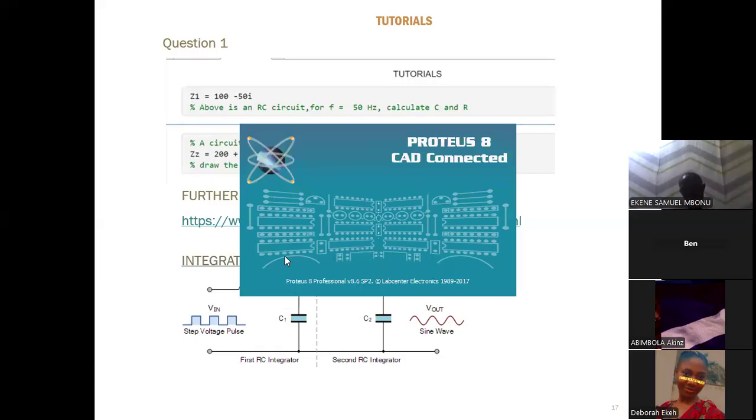It's launching my Pro Tools design suite. It's taking time to open now.